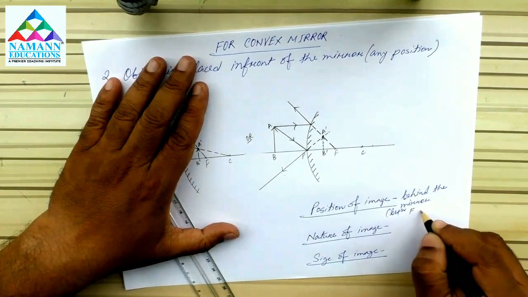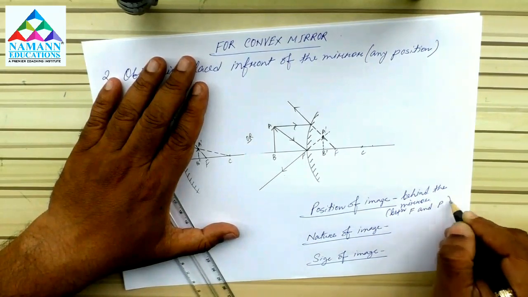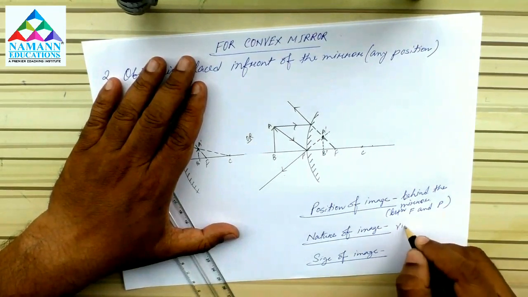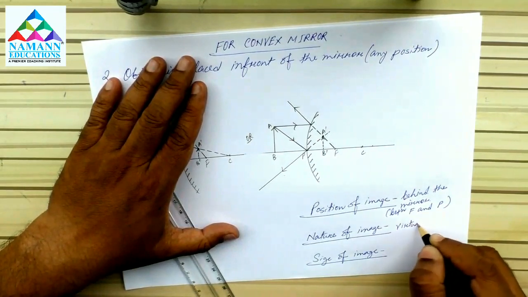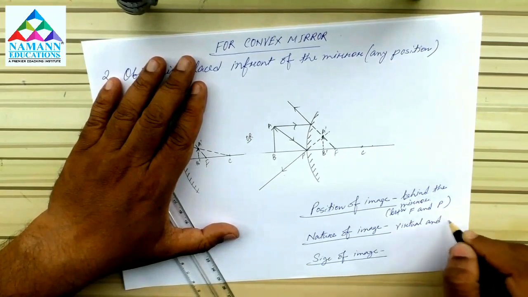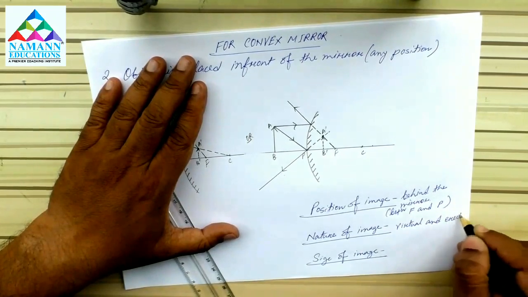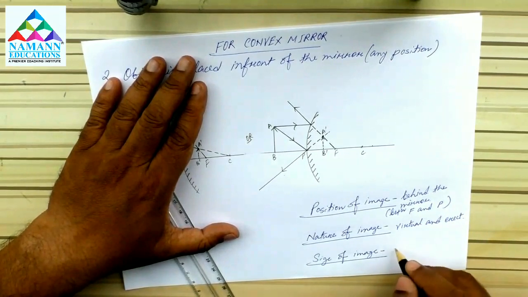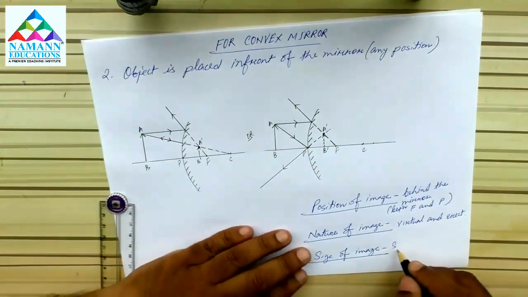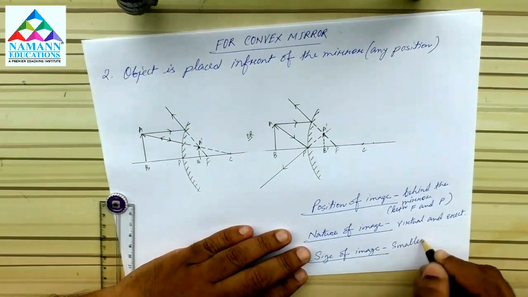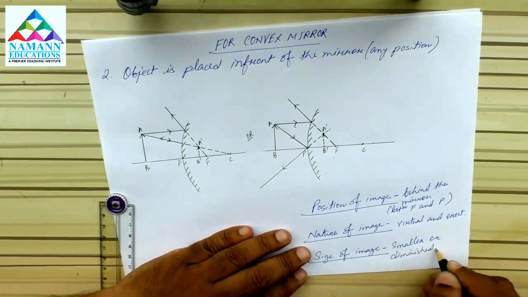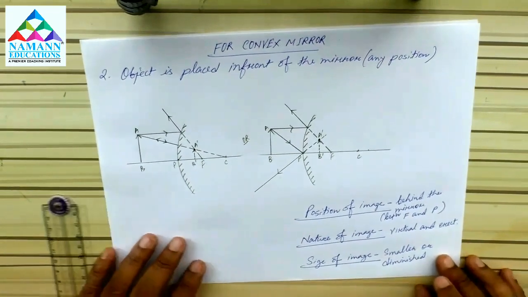Now nature of image is virtual and erect. Now what about the size of image? Size of the image is smaller or diminished. So in this way you can draw the ray diagram for convex mirror.